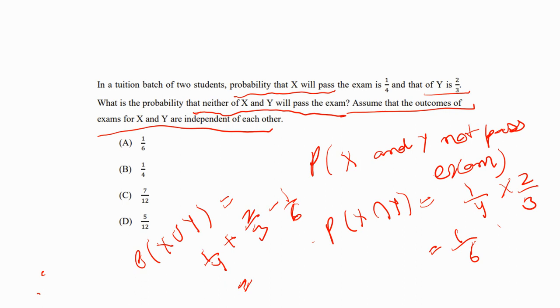Is it 9 by 12? Assume that the outcomes of the exam for each X and Y are independent of each other. The probability that neither X nor Y passes.